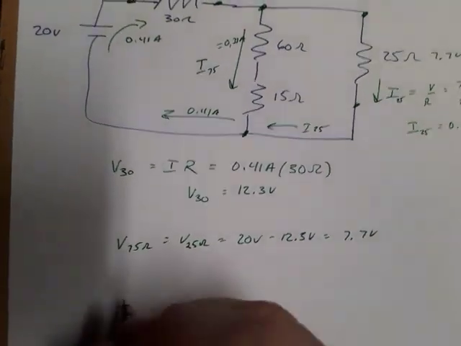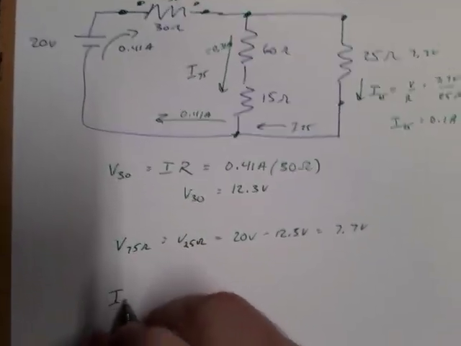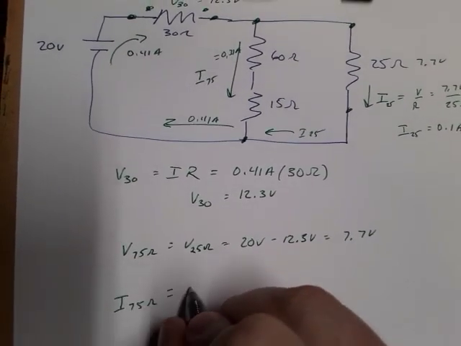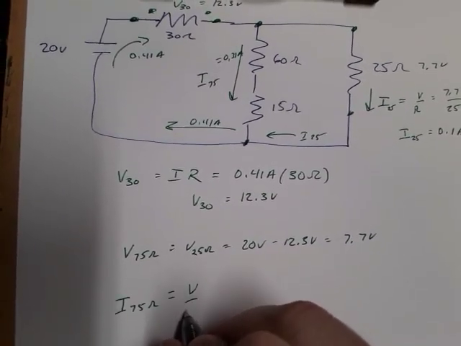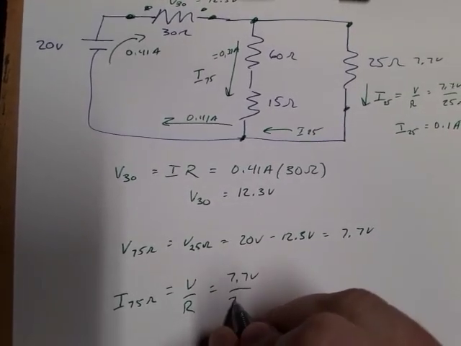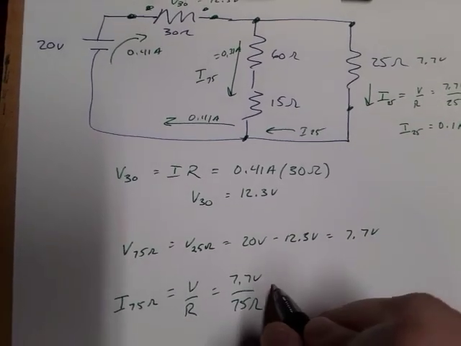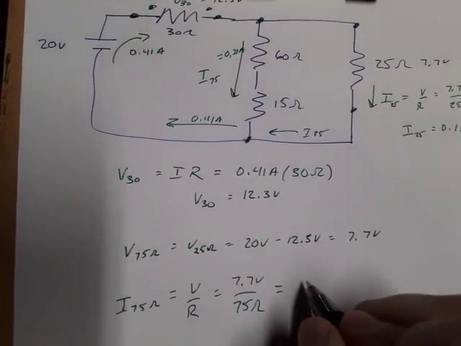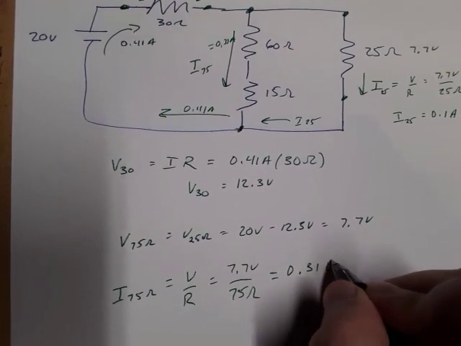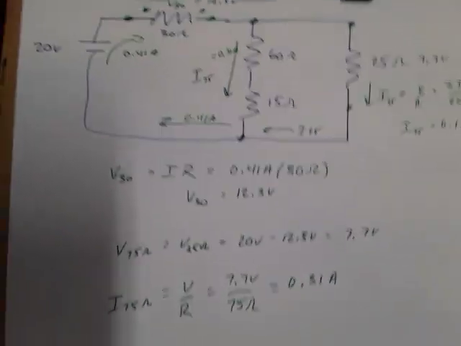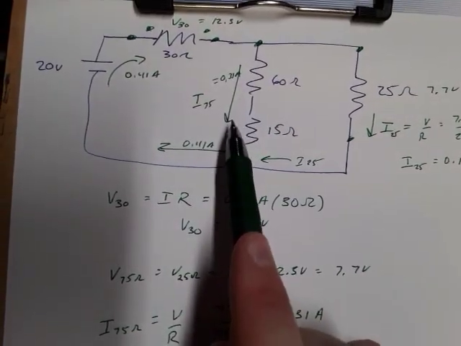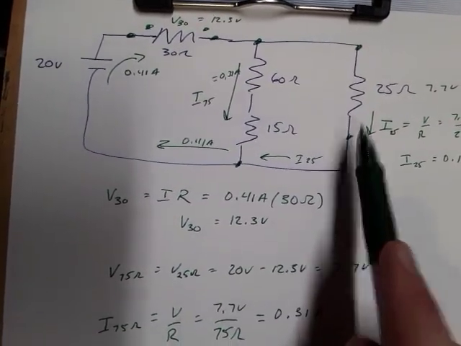We can prove it. We can say that I for the 75 ohm branch is going to be V over R, which is 7.7 volts over 75 ohms. And that's going to be 0.31 amps. And so we have this current, it splits up, 0.3 of an amp goes here, 1/10 goes here.